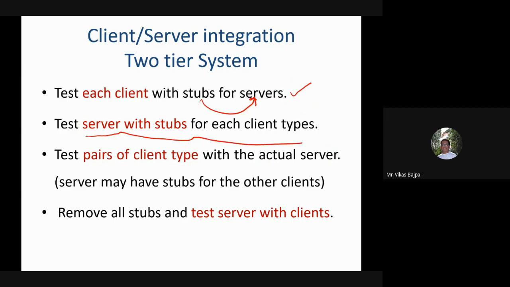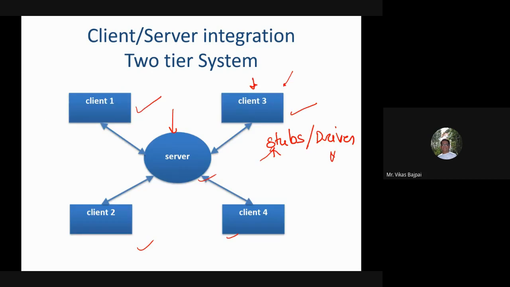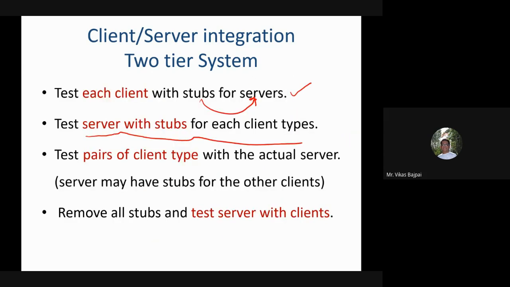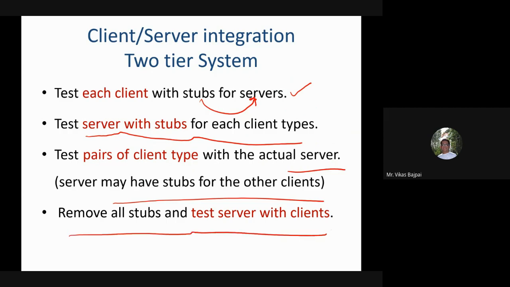If I need to test the server, then for each client I'll have a stub. Then test the pairs of client type with the actual server, meaning the server may have stubs for the other clients. Or remove all stubs and test the server with clients. That's another possibility.